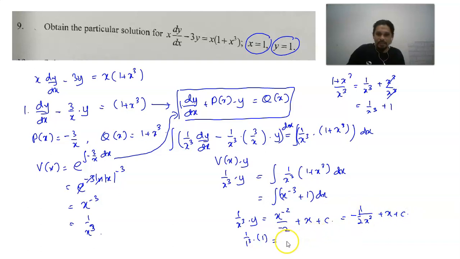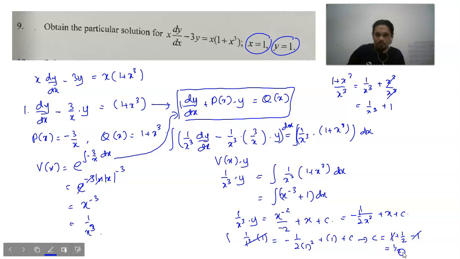So negative 1 over 2 times 1 squared plus 1 plus c. This is 1, so c equals, negative 1 over 2 moving across becomes positive, plus 1 over 2 minus 1. So c equals 1 over 2.